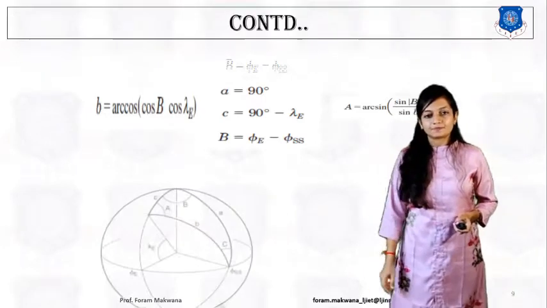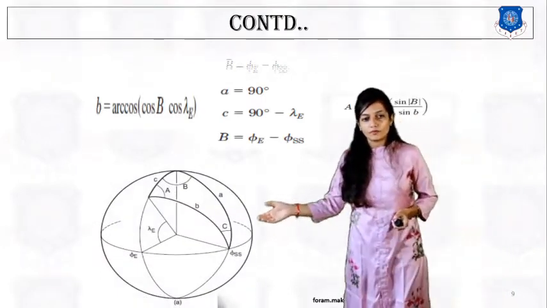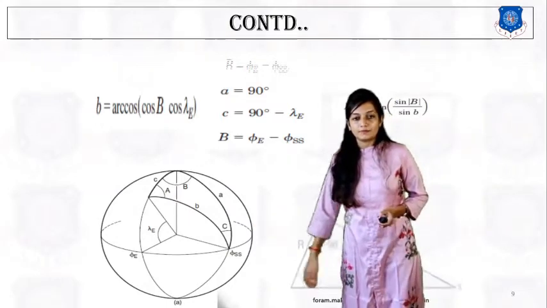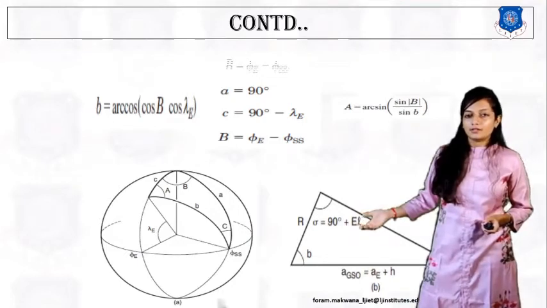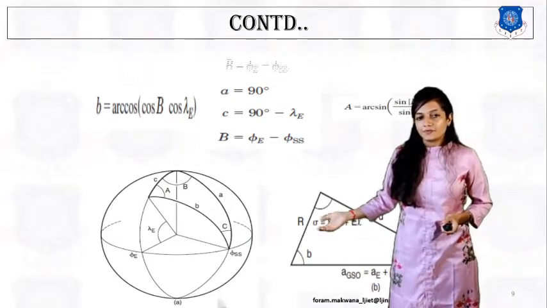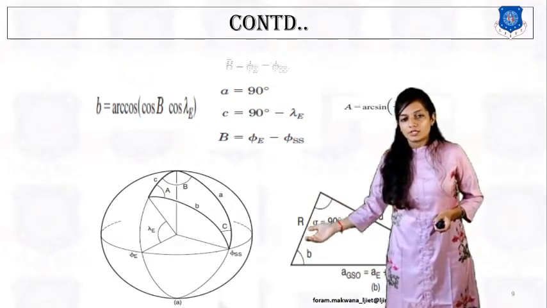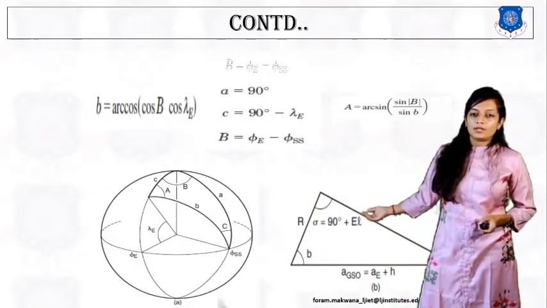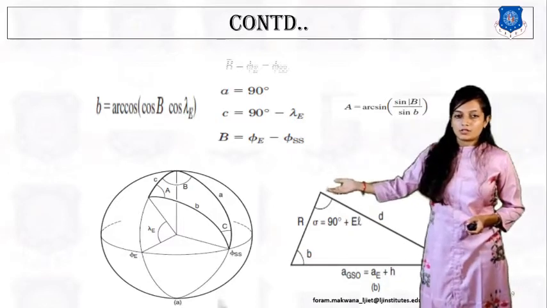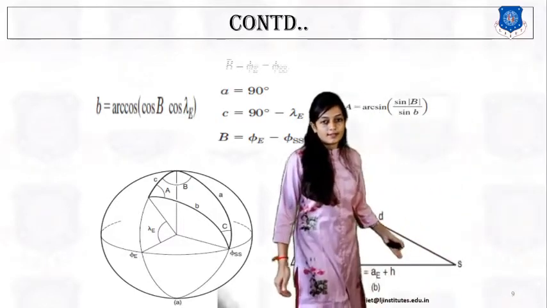Alright? From over here. And this is for the plane triangle, in which this is the radius, this is small b, this is the radius of geostationary orbit, this is the distance between the Earth station and the satellite.